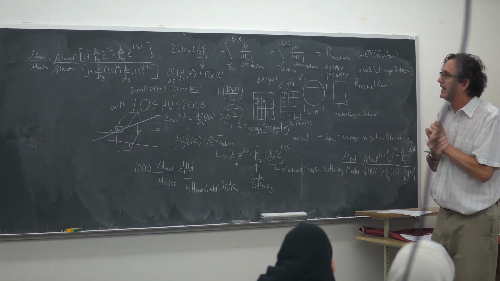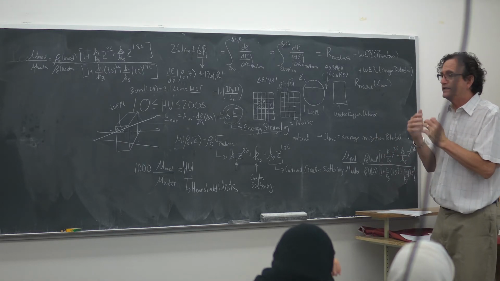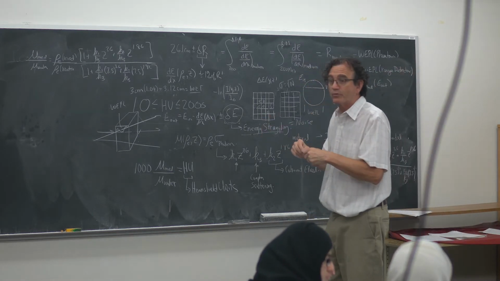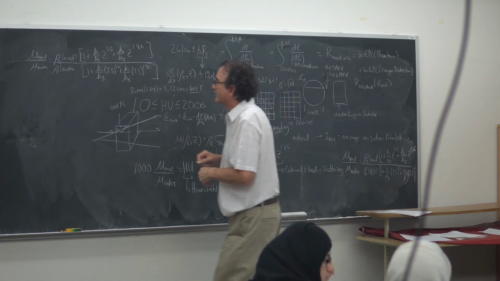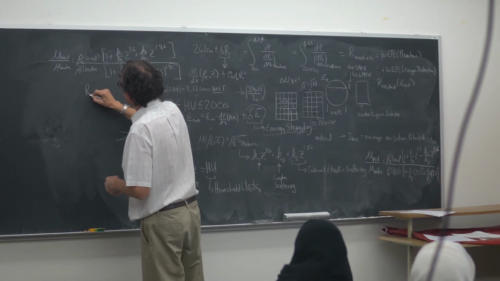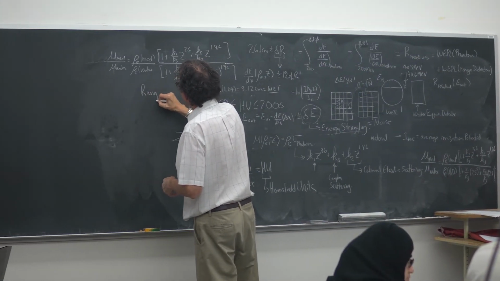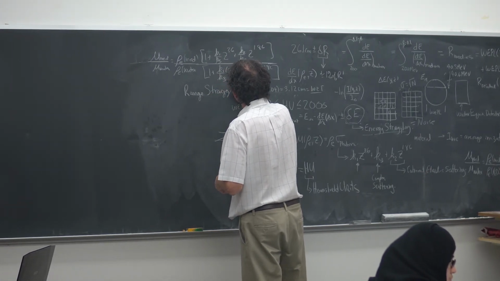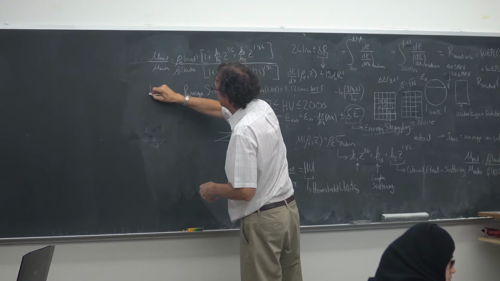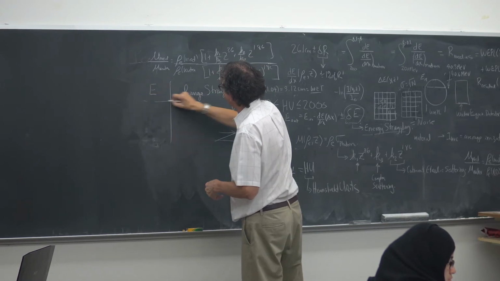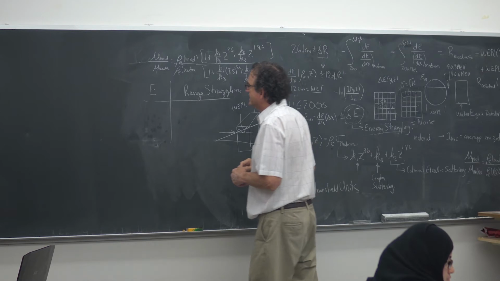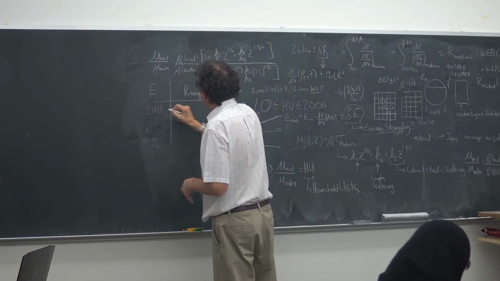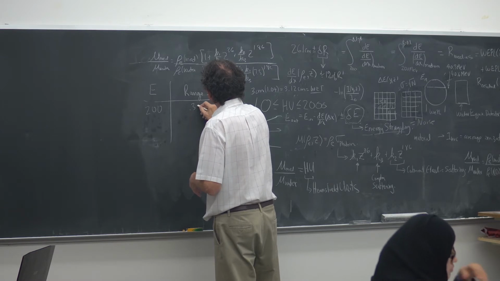So you have to get that from the Janni tables, which is a good way to find it. The Janni tables give you the values in terms of what they call range straggling. So if you look at the Janni tables, there'll be a column here called range straggling versus energy. So you have energy, and you can look up here on the columns, and you'll see that for water equivalent type materials at around 200 MeV, these are about 0.3 centimeters.